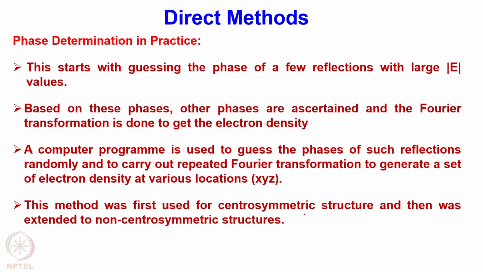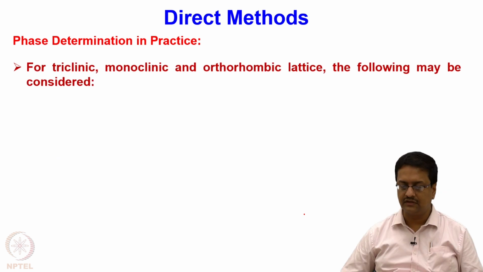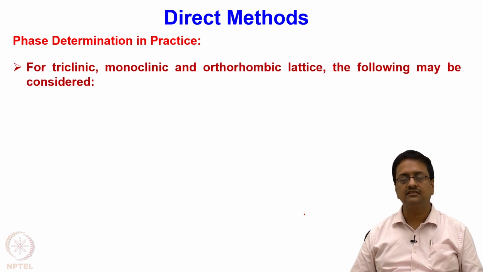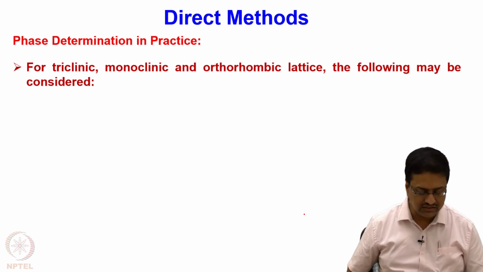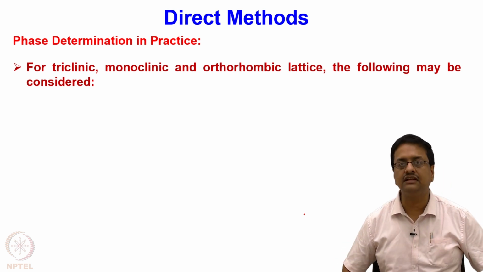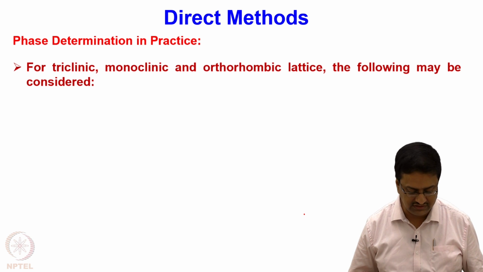Initially this method was first used for centrosymmetric structures, and then it was extended to non-centrosymmetric structures as well. So let us concentrate on a simple system where it is either a triclinic, monoclinic, or an orthorhombic lattice.